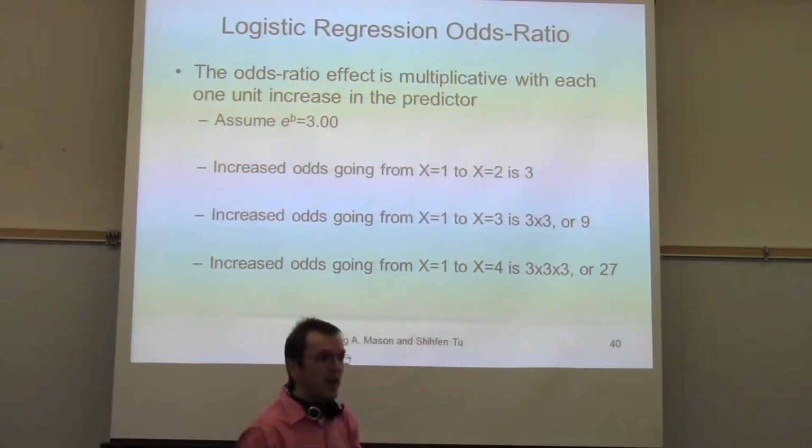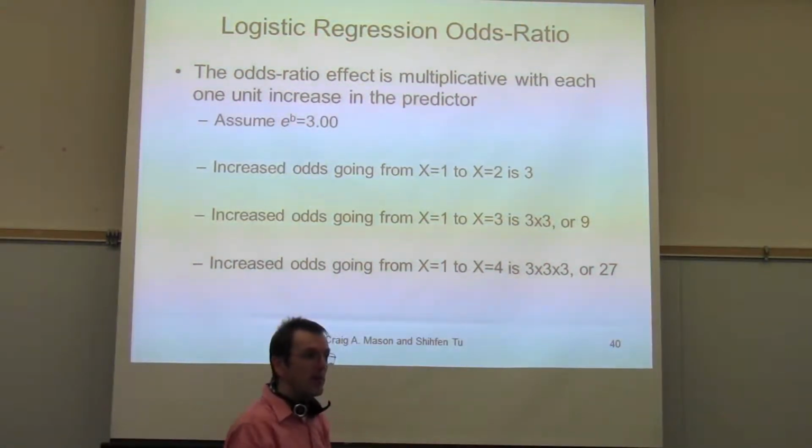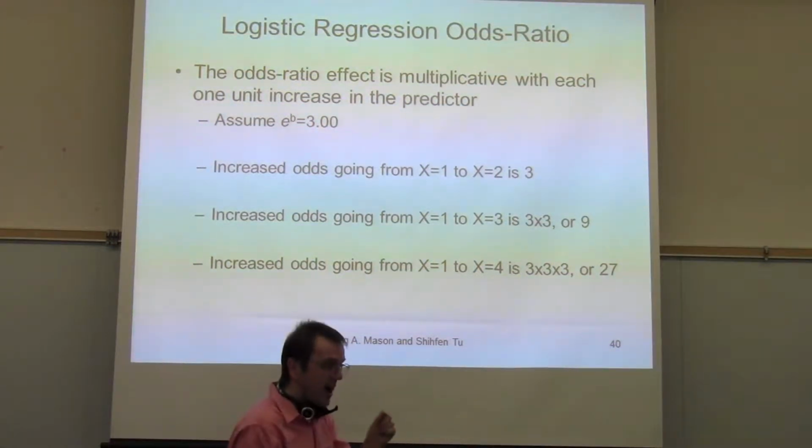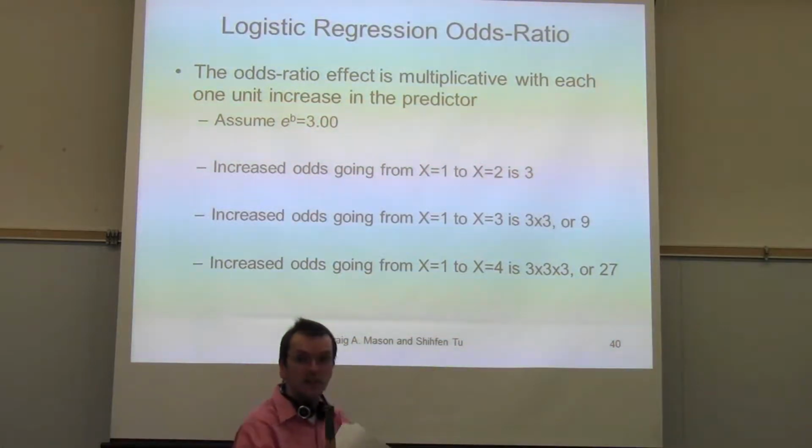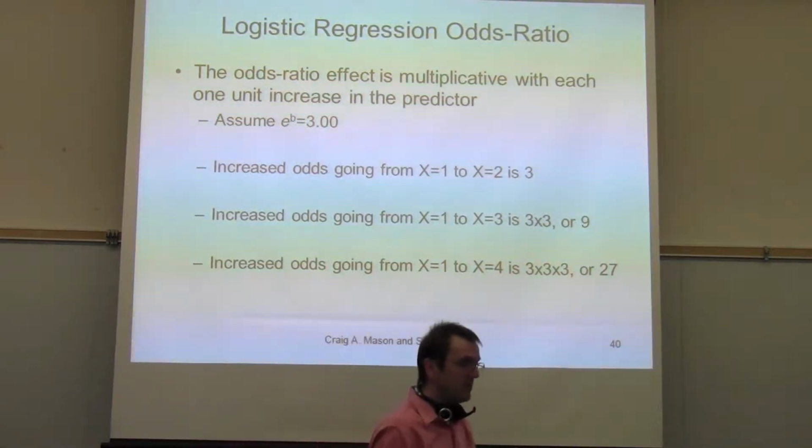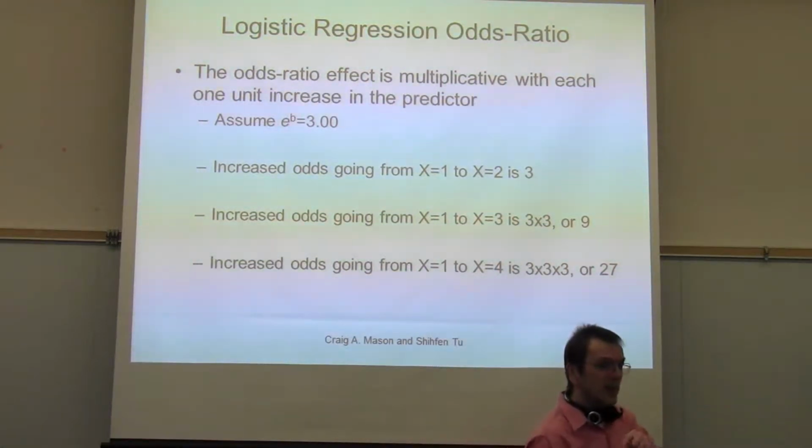So back to my partying example, though we'll only make it a 2 now. If every hour of partying a week doubles my odds of dropping out, of failing the course, I party 1 hour, my odds have doubled. I party 2 hours, I'm doubling that double.